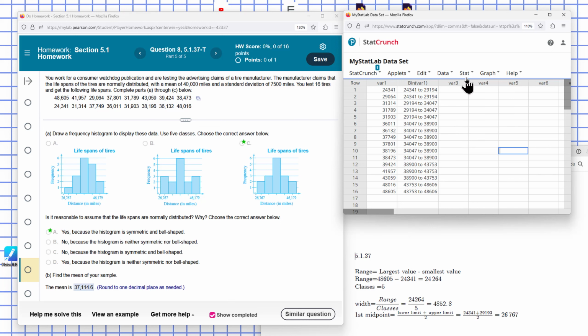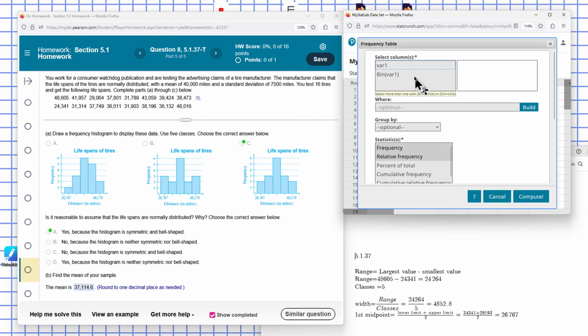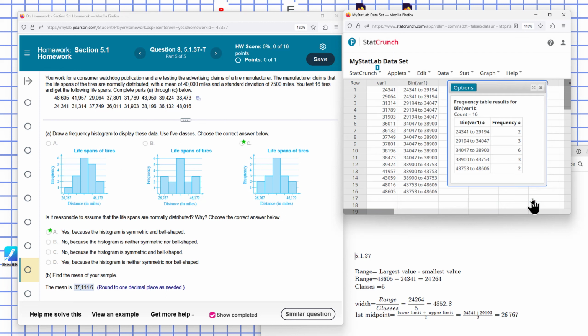Okay, then after that we can put it in tabular form and show the classes, with a frequency there. Then I hit compute. We can see it there. So this can kind of give you an idea of what it's going to look like.